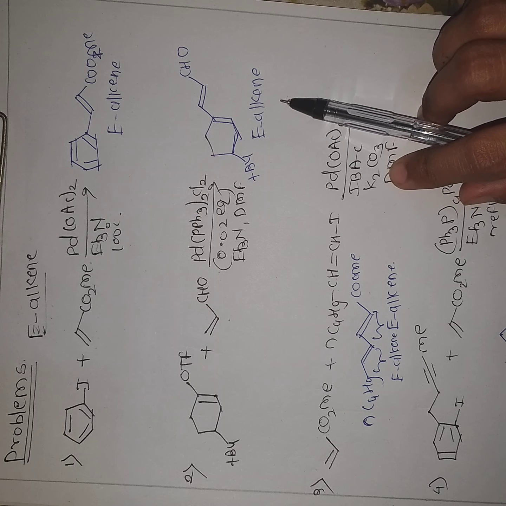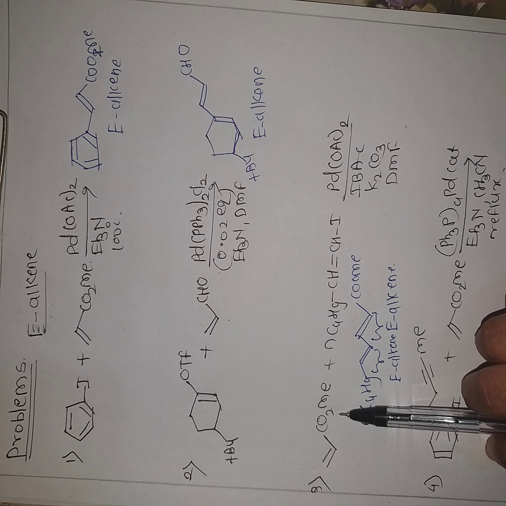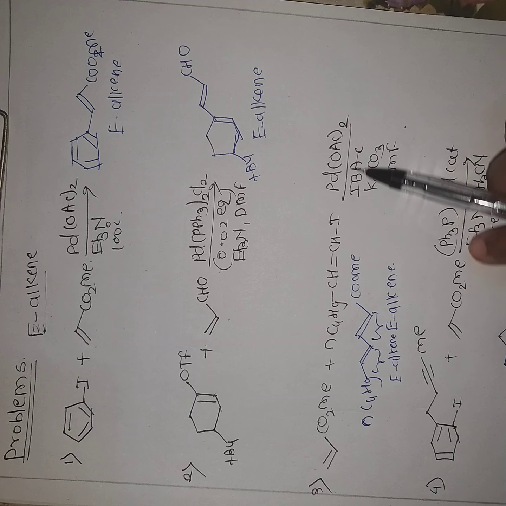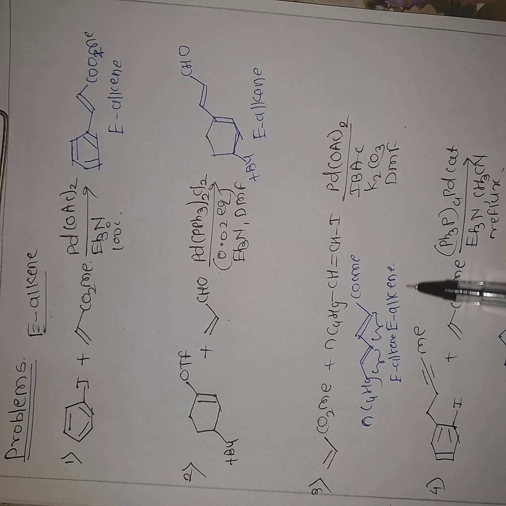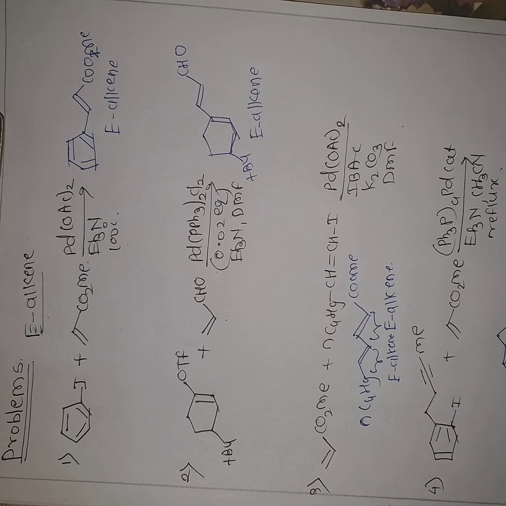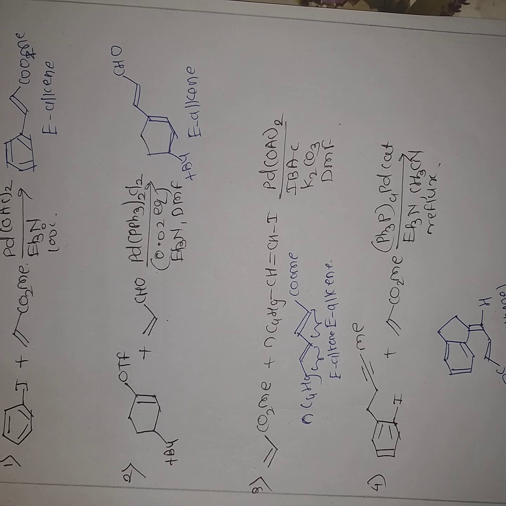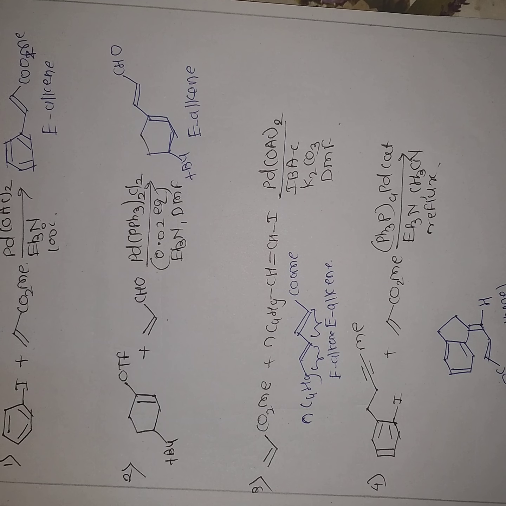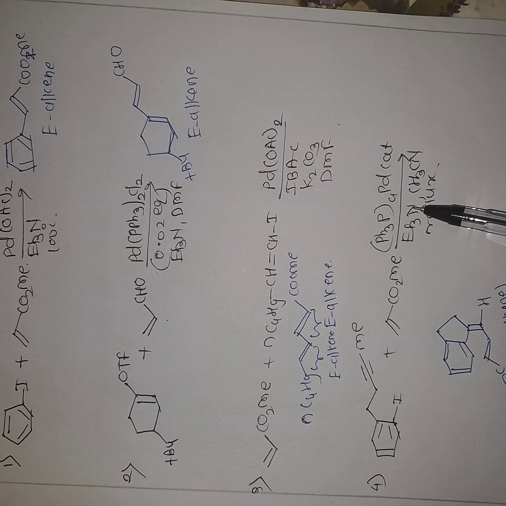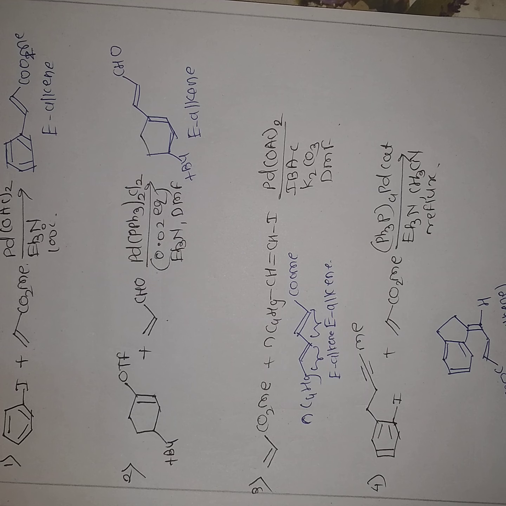So we can write like this. Now third one. Alkene reacts with alkyl halide in presence of palladium complex and base to form an E-alkene. Now look at the fourth example. This is a very important one. This aryl halide reacts with alkene in presence of palladium to form E-alkene as a major product.